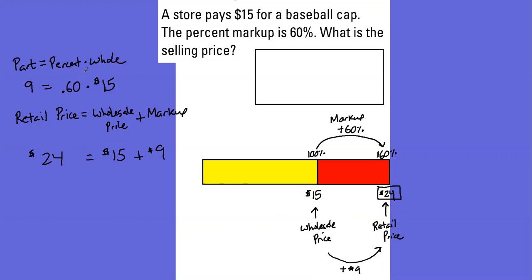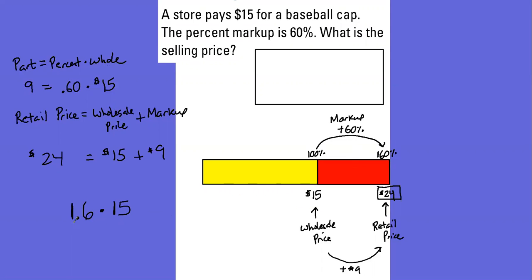Now, the other possibility here is instead of typing in this 60% for my percent, I could put in this percent, the 160%. So let's plug that in and see how it works. From there, I want to take 160% of my whole amount, which is always my wholesale price, so in this case, it'd be 160% of 15.